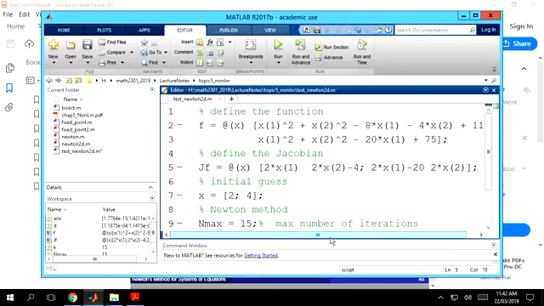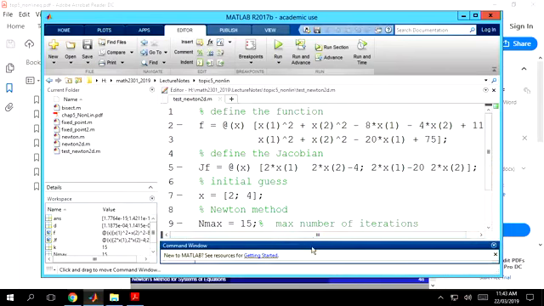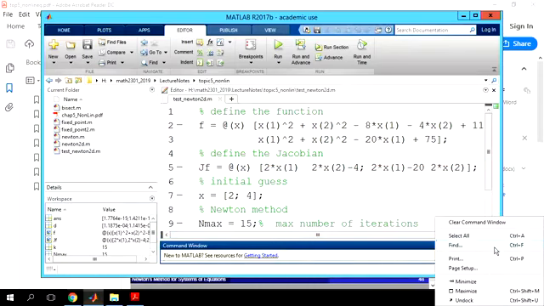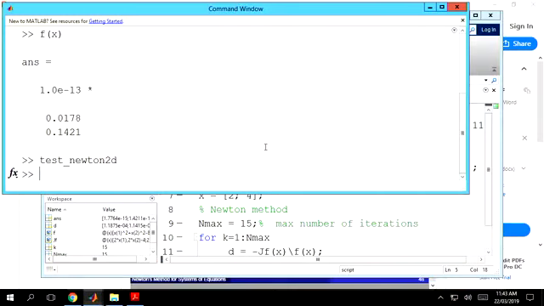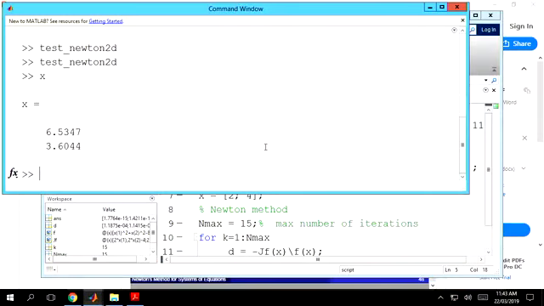Well, I still just run it, right? But when I run it, then I get x to be something different, right?